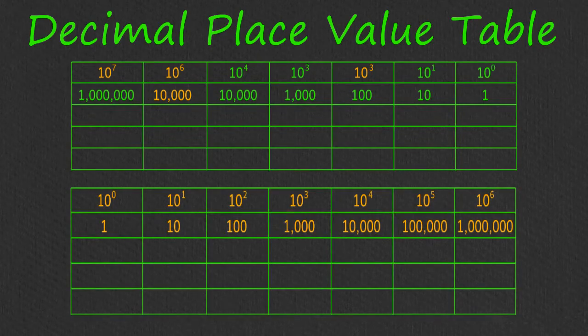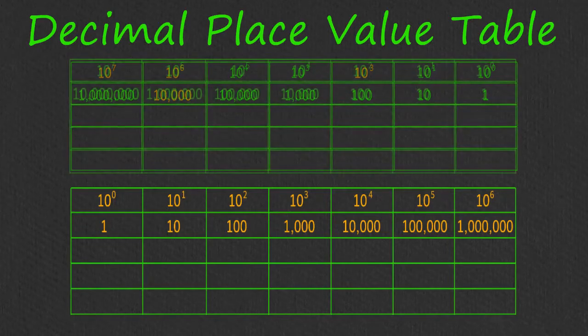Now, why are these variations of the place value table wrong? If we were to miss some of the powers of 10, we would be missing crucial place values. Everyone makes this mistake sometimes, especially when trying to write out the table in a hurry. And in most cases, this mistake gets easily spotted. However, if we were to use a table with missing place values, we couldn't identify all the correct values in our decimal number.